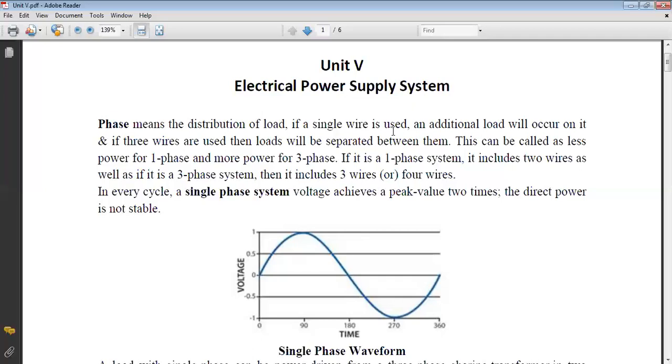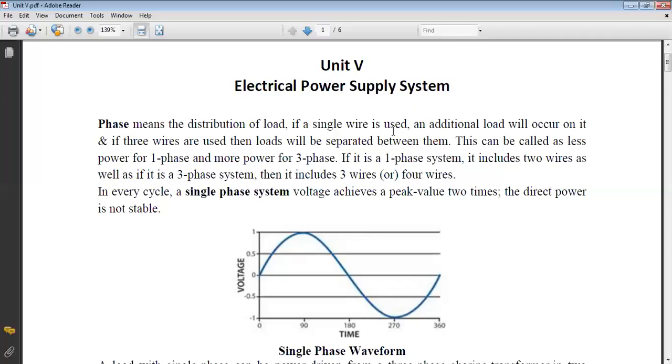But when the power requirement is high, when we need more current and more voltage, then instead of a single wire we need to use a three-wire or four-wire system. Try to understand: for a higher requirement of electrical power, we use a three-wire or four-wire system, which is known as the three-phase system.